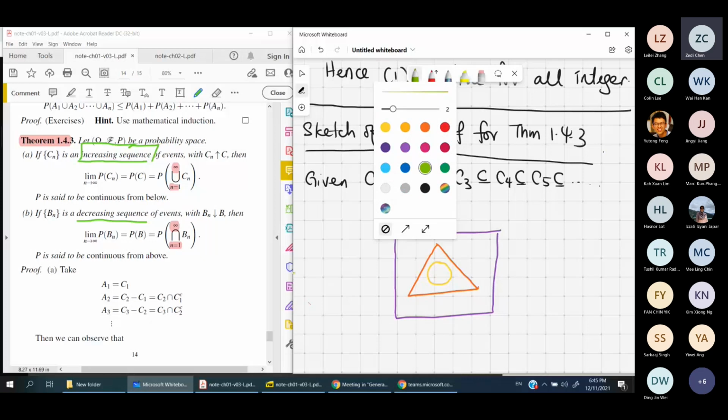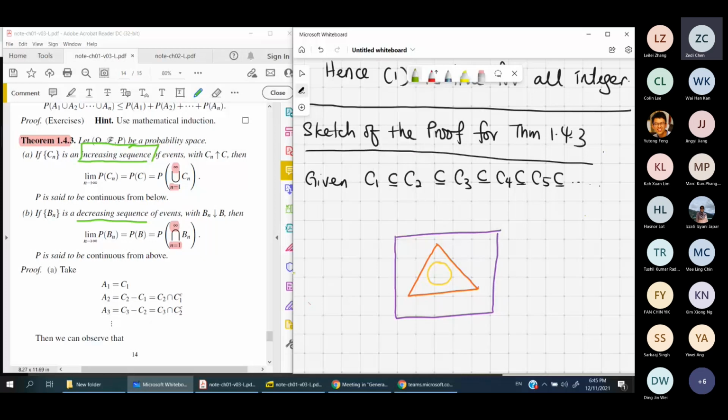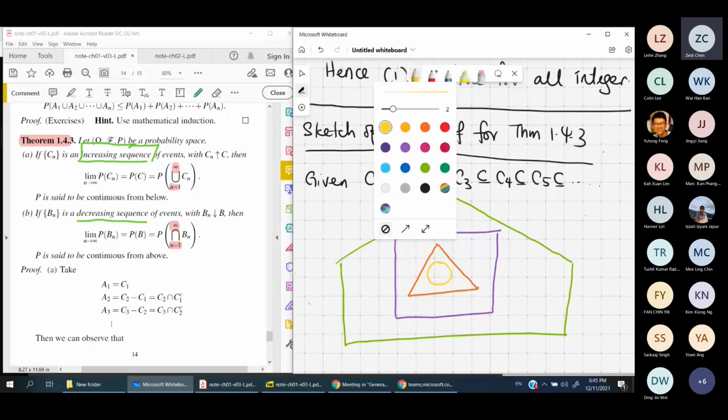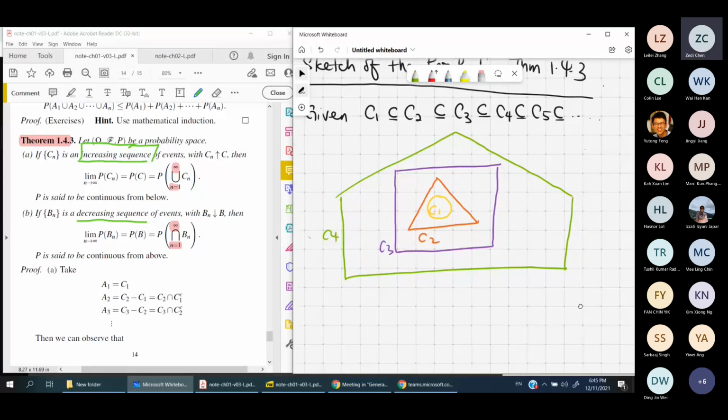Last one, I think four is good enough already. Well, I'm running out of space. Okay, so then you get all these things, right? So this is our C1. Next, this is our C2, and C2 is inside C3. C3 is inside C4. Okay, so this is the picture we can have. So just imagine we have a picture of that.